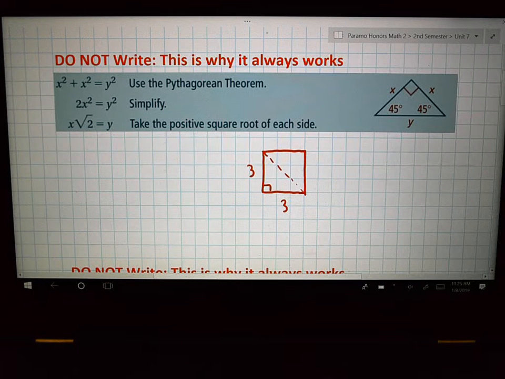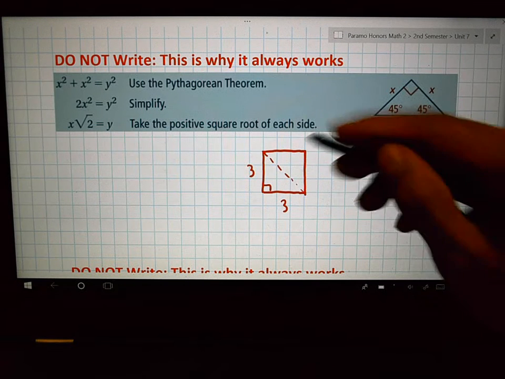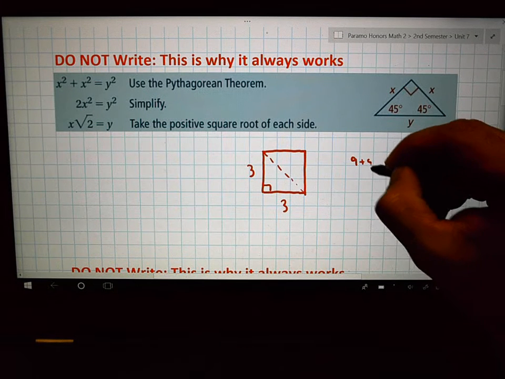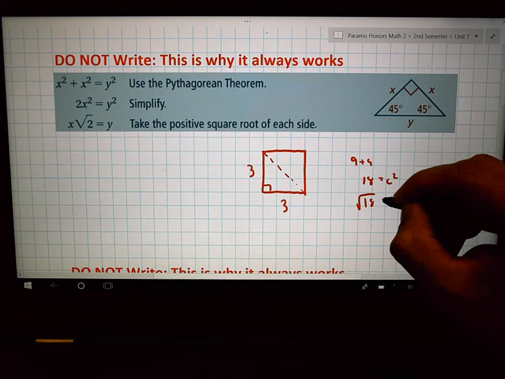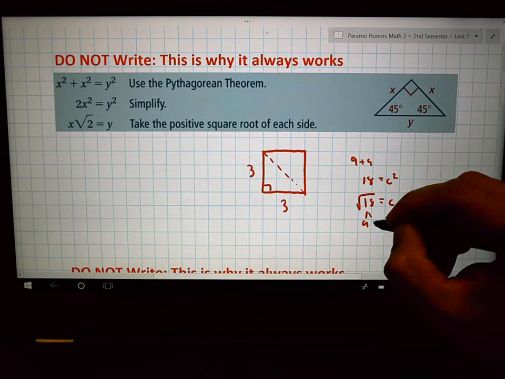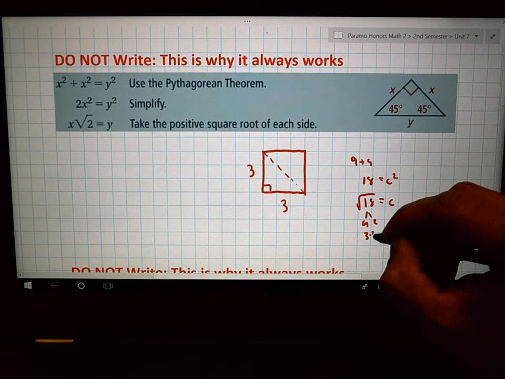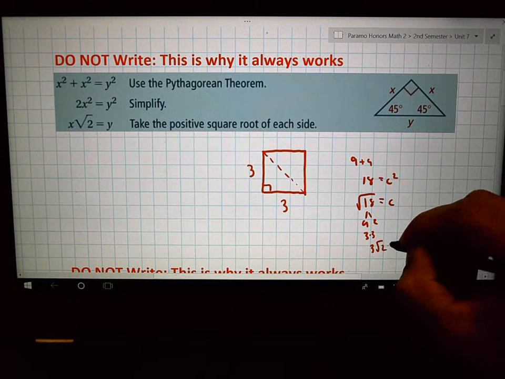A squared plus b squared would equal c squared. 3 squared plus 3 squared is 18. And you square root 18. It breaks down into 3 root 2.